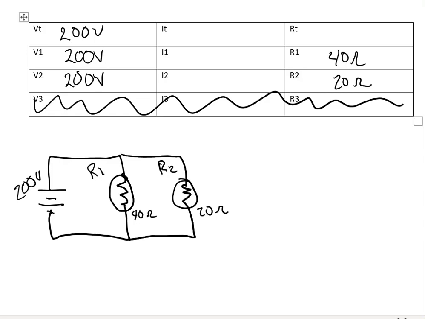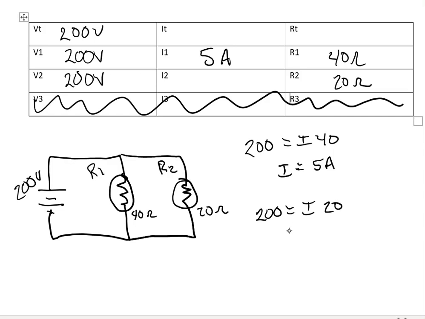Because they get the same voltage, resistor 2 is also going to get 200 volts. Whenever we have 2 of the 3, I always tell you can find the third. So we get 200 equals I times 40. I in this case turns out to be 5 amps. Then 200 equals I times 20. I then turns out to be 10 amps.